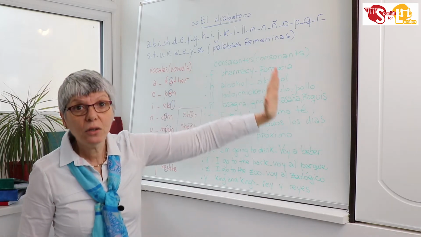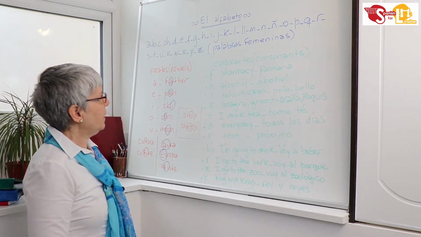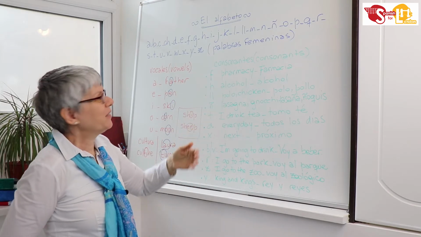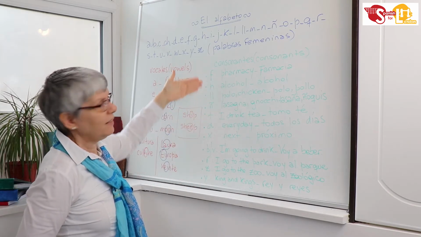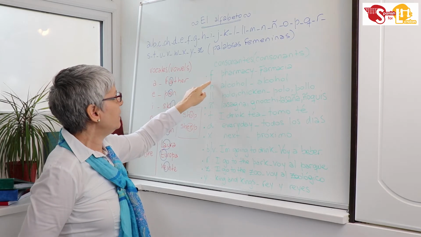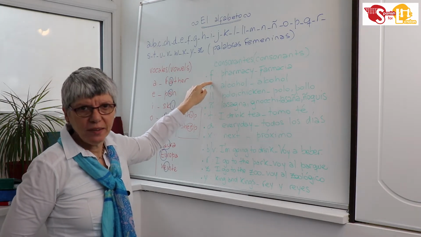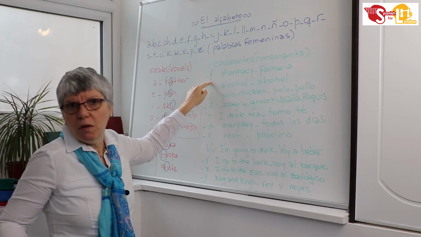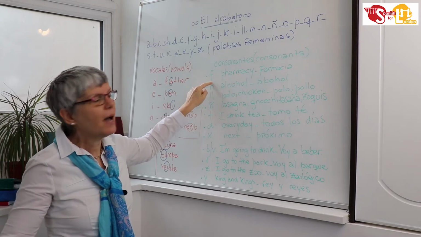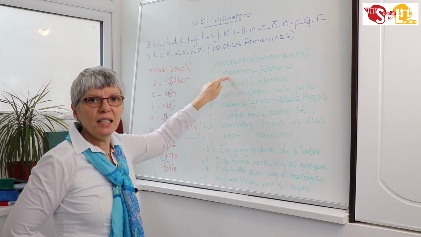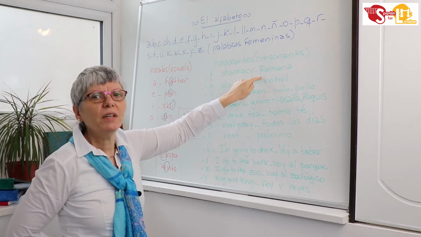Let's see now the consonants. Okay, let's see the consonants that are different, of course, not the consonants that are exactly the same. Starting with F, la F. It sounds the same, famous, famoso, same sound, but remember, in words with PH in English, we write an F in Spanish.